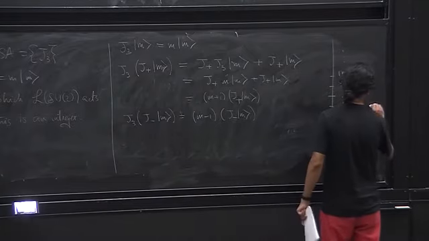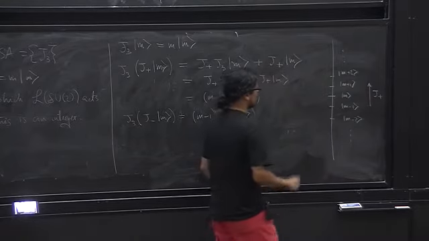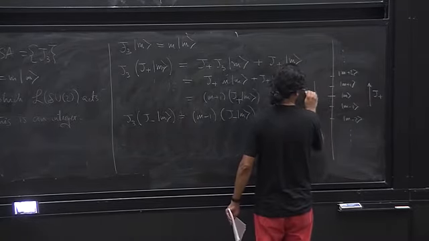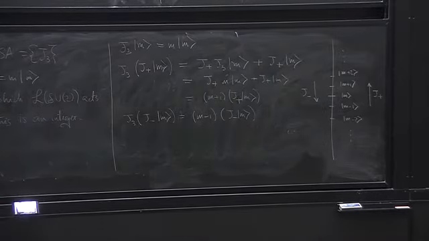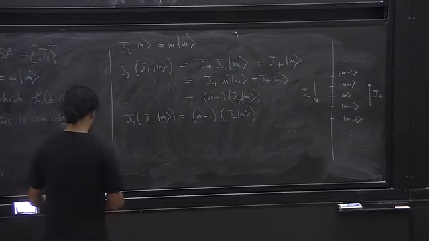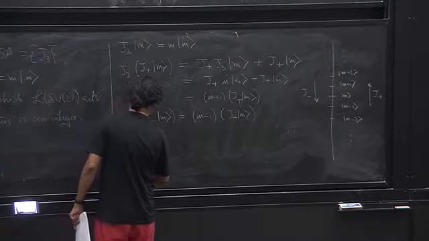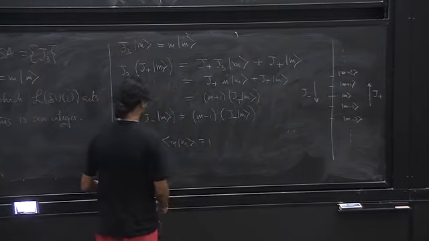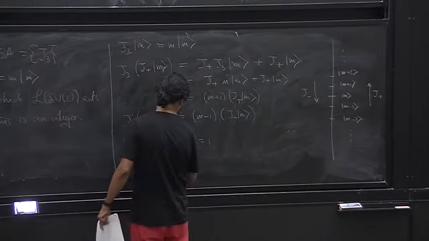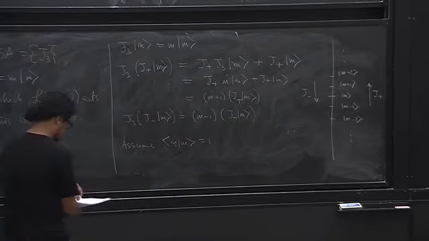And this is like a ladder, and J plus helps you climb the ladder, and J minus takes you down the ladder by one step. So that's why they're called the ladder operators. Now, we can assume that these states are normalized, and they're orthonormal.